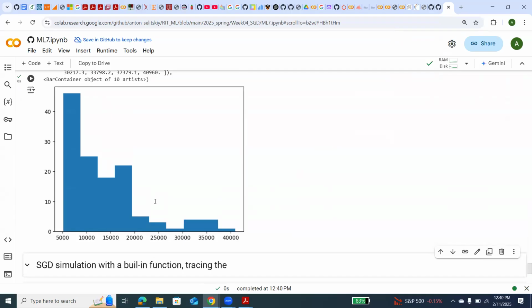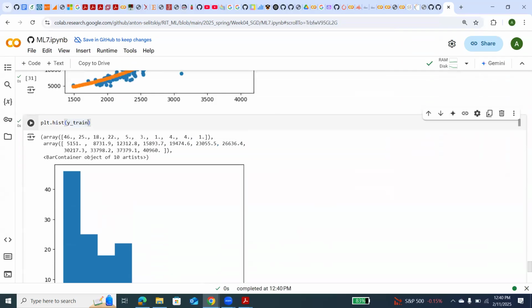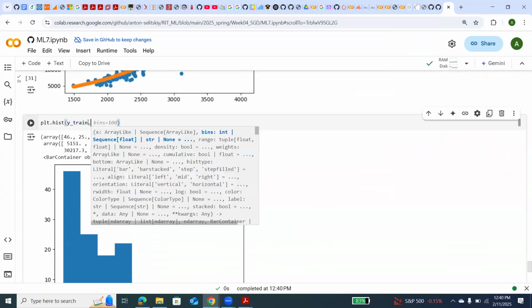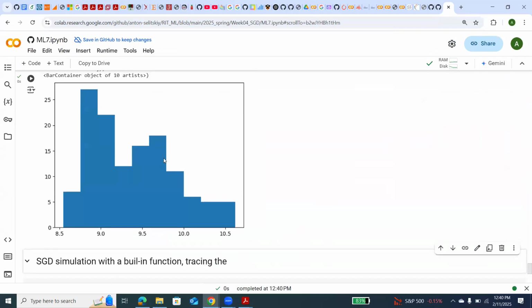If I apply logarithm, you'll see the distribution became more similar to a normal distribution.